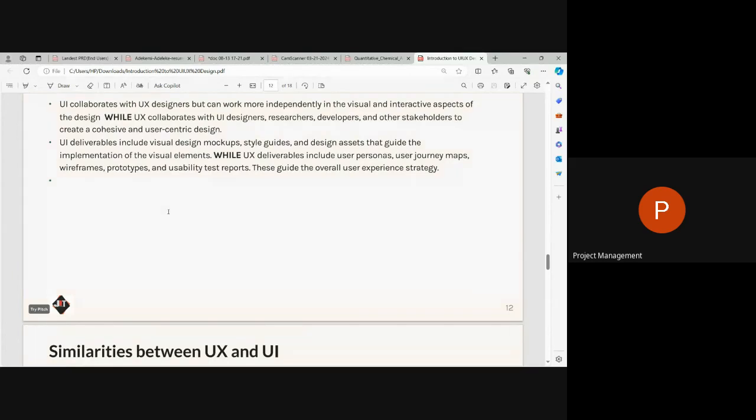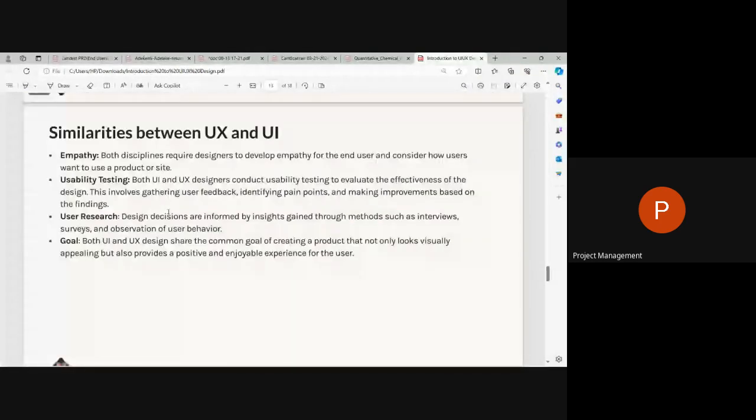While UX deliverables are user personas, user journey maps, wireframes, prototyping, and usability test reports. All these are just to guide the overall user experience strategy. So those are the differences between UX design and UI design.